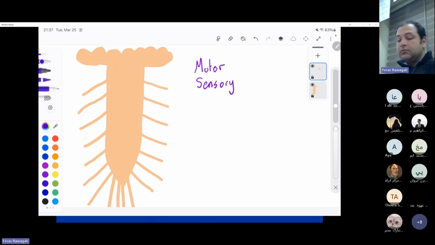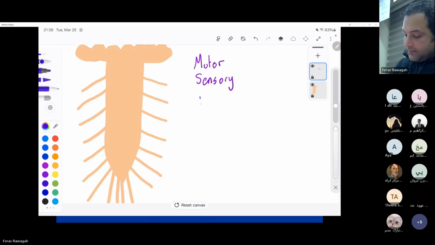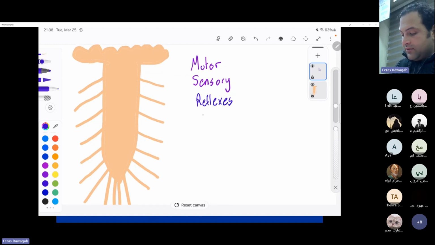But there are other types of function of the spinal cord which are intrinsic to the spinal cord itself. Those functions are the reflexes, spinal reflexes, and the muscle tone.